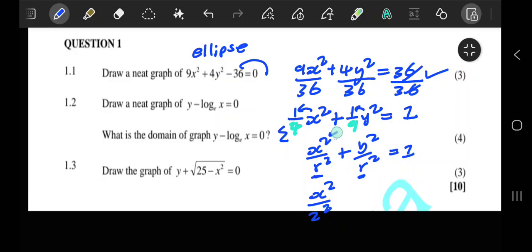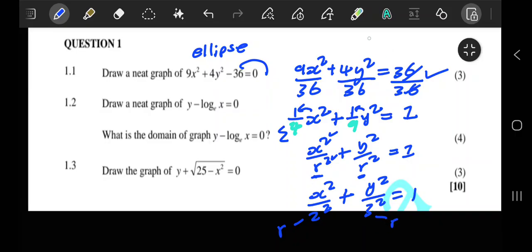Plus now we have y squared, then I have to change 9 to become a root. There I'll have y squared divided by 3 raised to the power of 2, equals 1. So these are the r distances of the ellipse: this is r distance 2 of the ellipse, and this is along the y-axis.